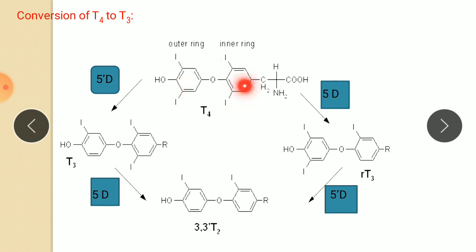So in short, T4 is converted into T3 or reverse T3 by the enzymes 5'-D and 5-D. Then T3 and RT3 are converted into the same compound, 3,3'-T2. It is a simple reaction, only removal of iodine at the positions shown here. So this is the conversion of T4 to T3.